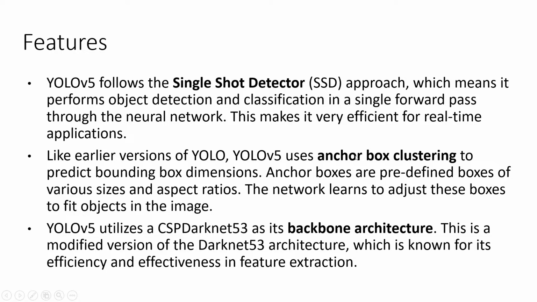That's called anchor box clustering. We have manually annotated the images, and through anchor box clustering we are telling the model that if it is a car, the bounding box height and width will be this much, and it could be this.